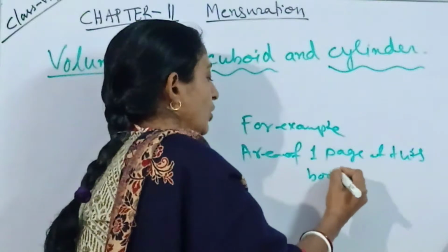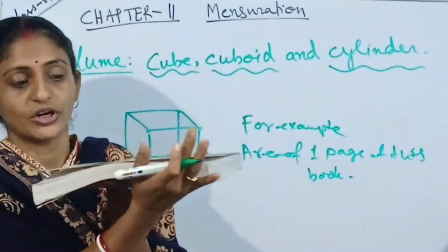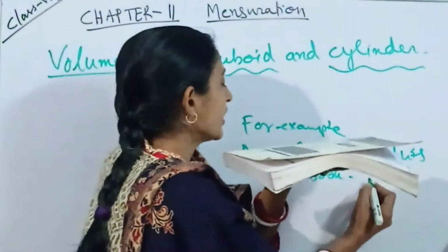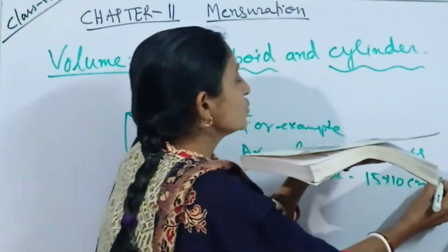Let the length of this page be 15 centimeter and the breadth be 10 centimeter. So I can write it as 15 into 10 centimeter square.